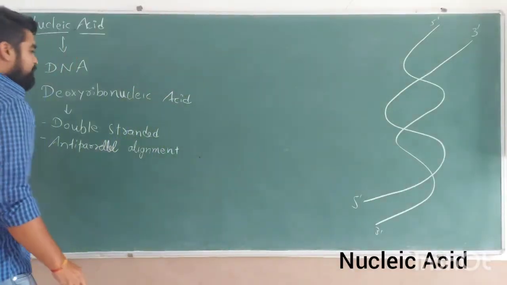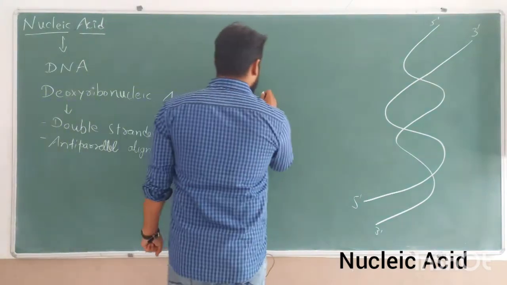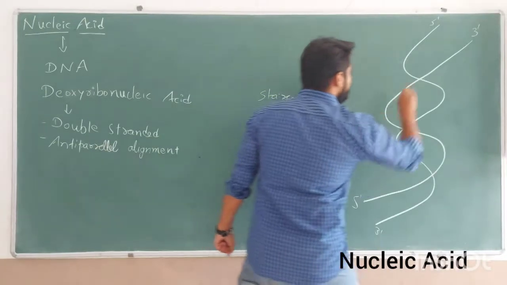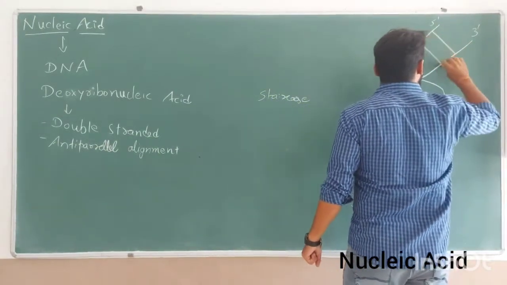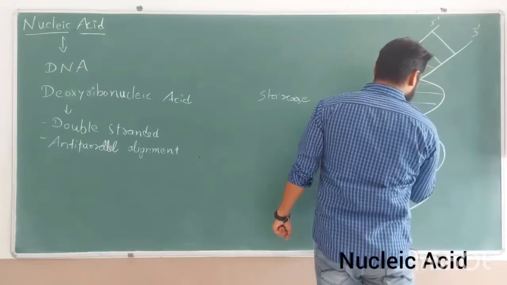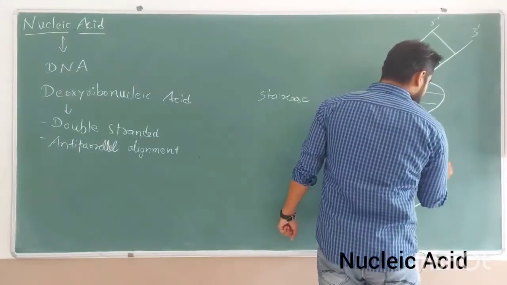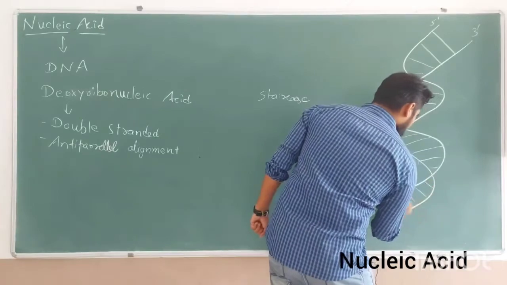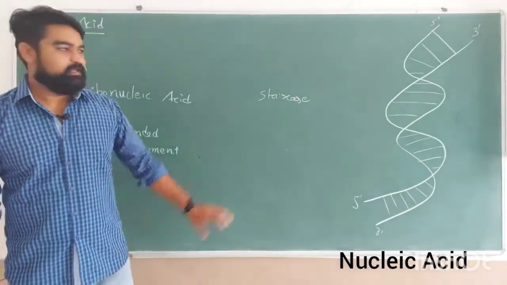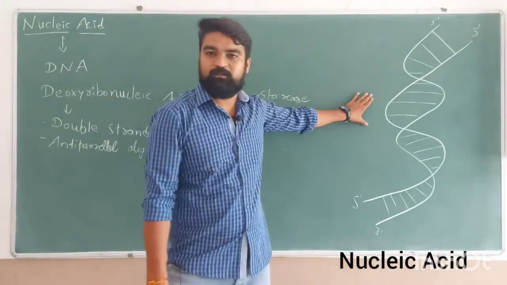Now it looks like a staircase. You might have seen this type of structure in some images on the internet or in some Hollywood or Bollywood movies. Whenever they talk about DNA or genes, this kind of structure pops up on the screen.